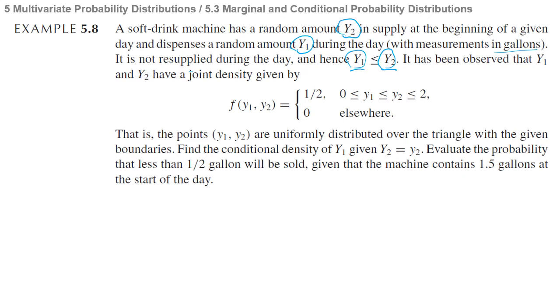And it has been observed that Y1 and Y2 have a joint density given here, and that is, the points Y1, Y2 are uniformly distributed over the triangle with the given boundaries.